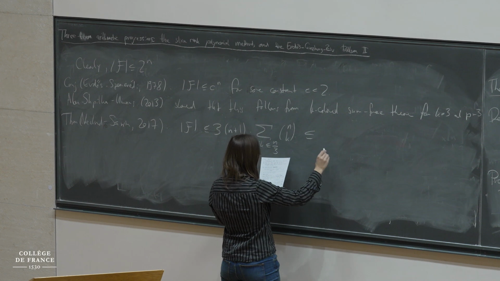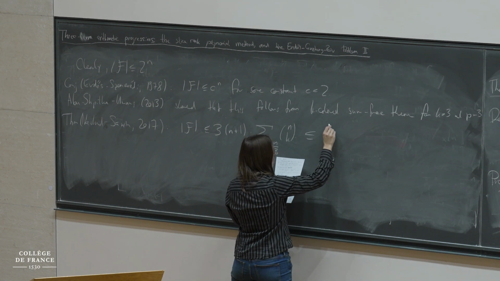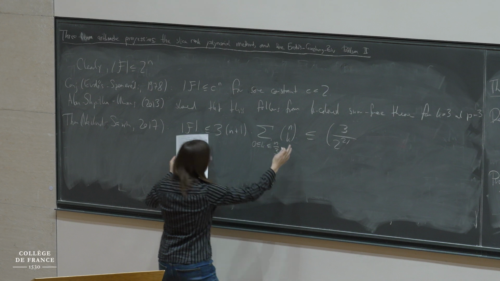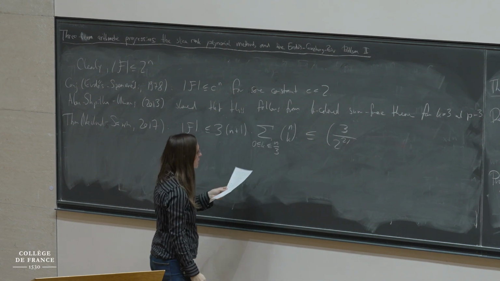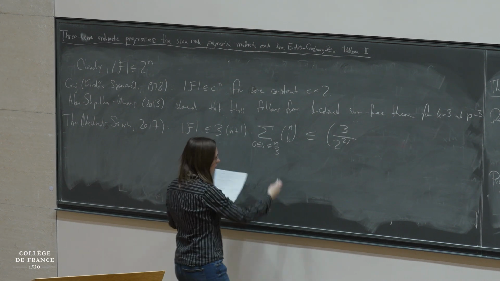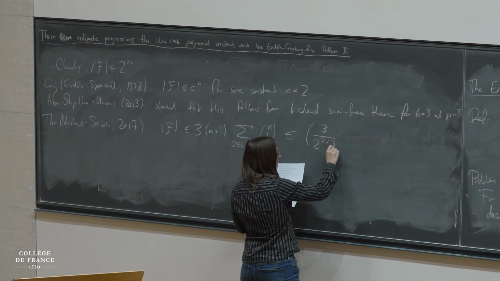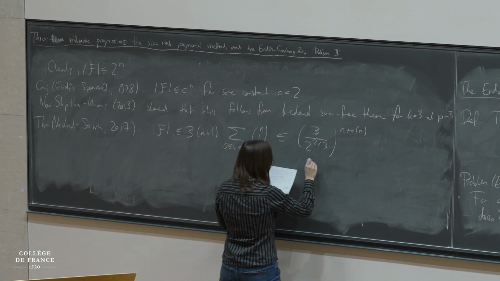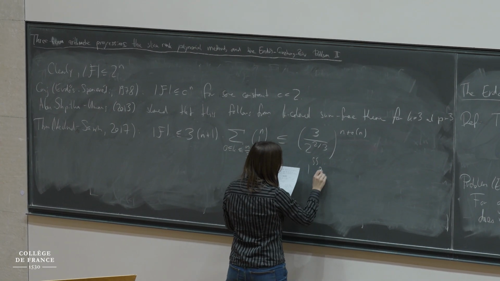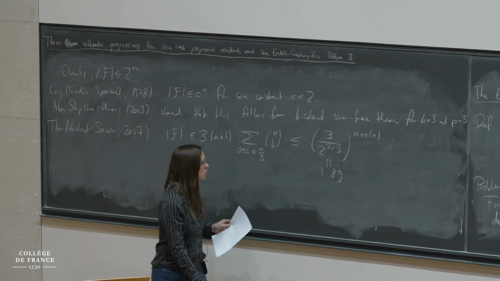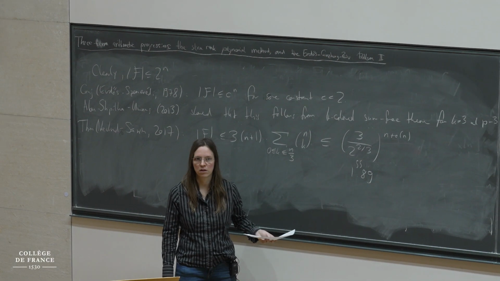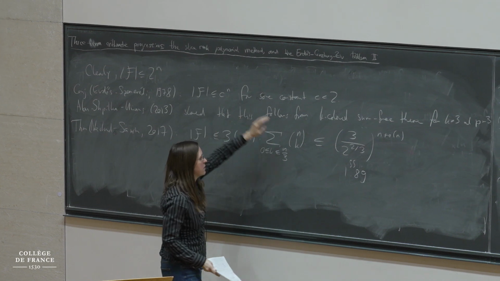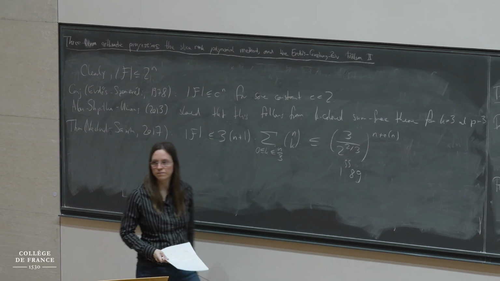And one can rewrite this as 3 divided by 2 to the 2/3, to the n plus little o of n. And in case you wonder how big 3 divided by 2 to the 2/3 is, it's roughly 1.89. So that means, indeed, the conjecture holds with c being roughly 1.89.